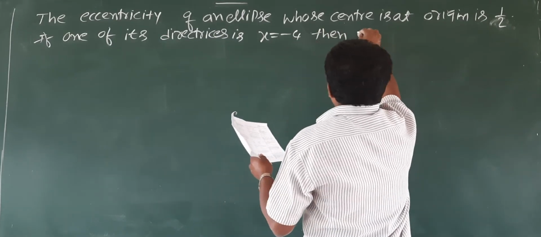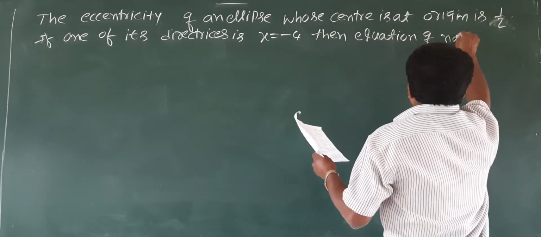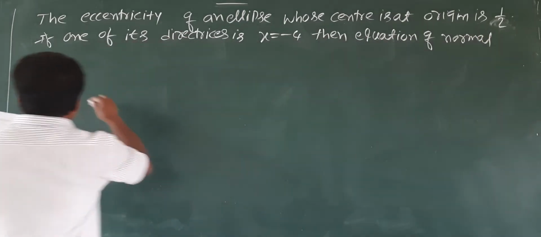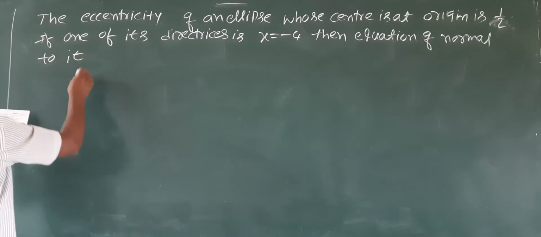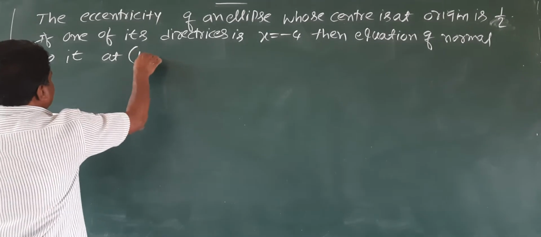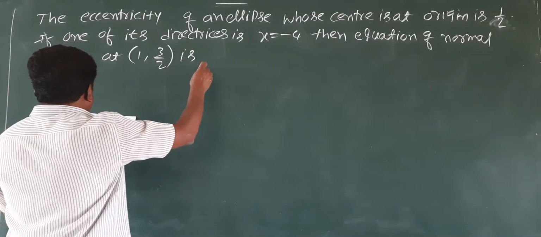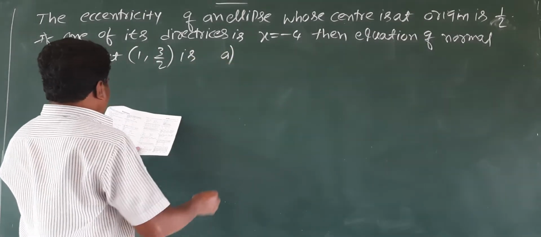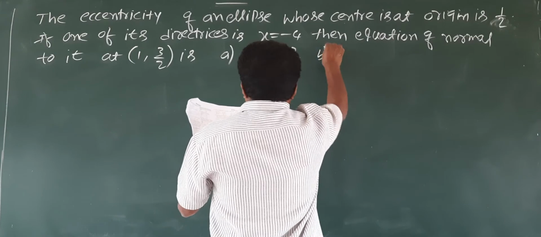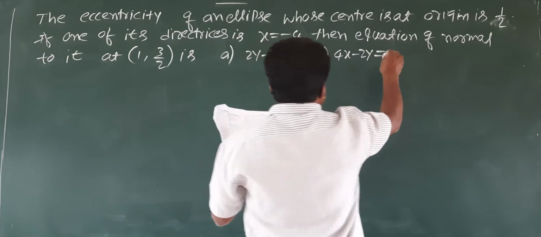the equation of normal to it at (1, 3 by 2) is: option A, 2y minus x equals 2. Option B, 4x minus 2y equals 1.